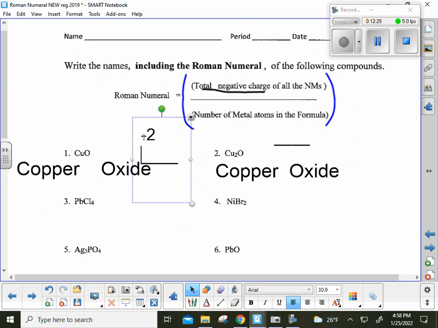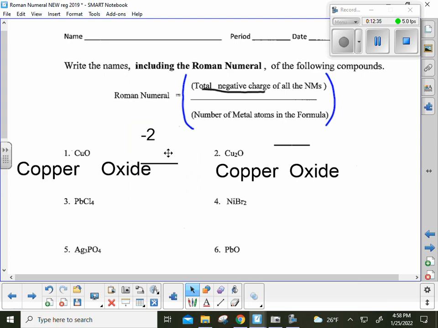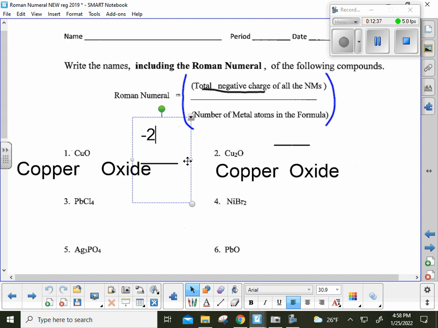I'm trying to make it look like, I thought this was going to work out when I set it up. So let me just go ahead and underline this to represent the division line. This is the top of your fraction.